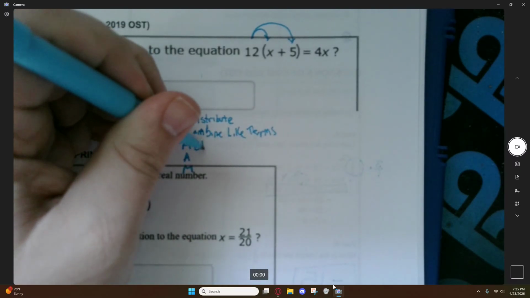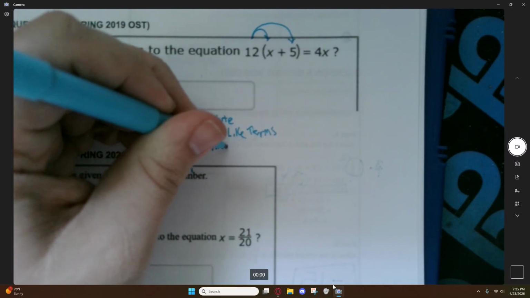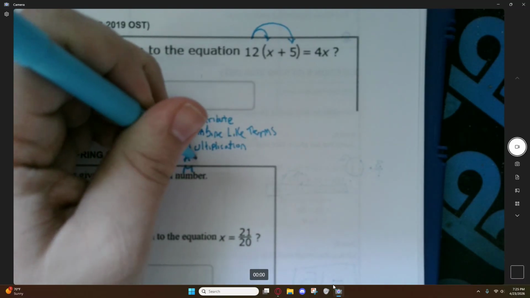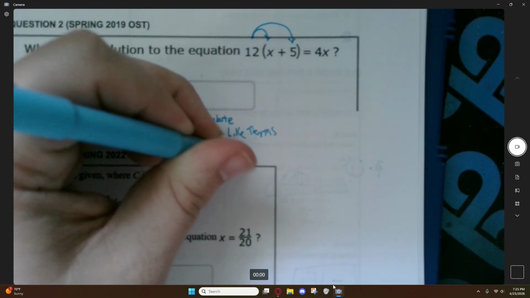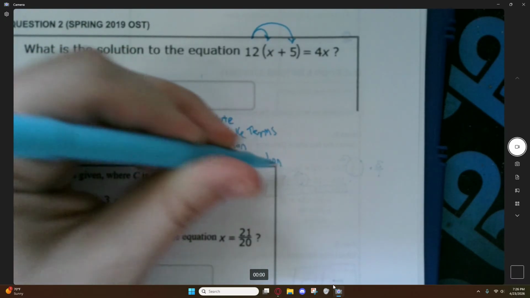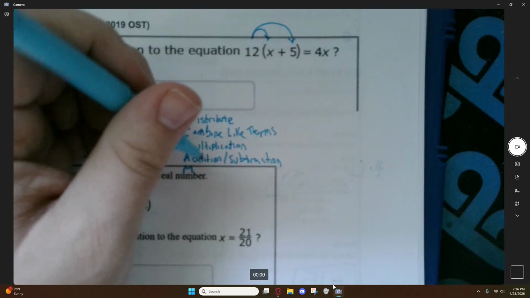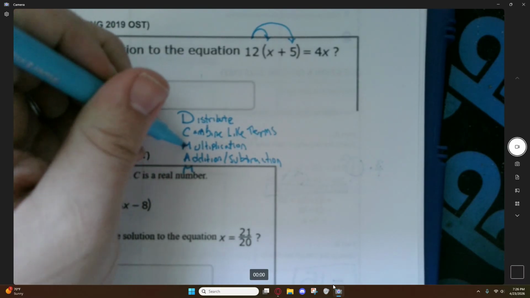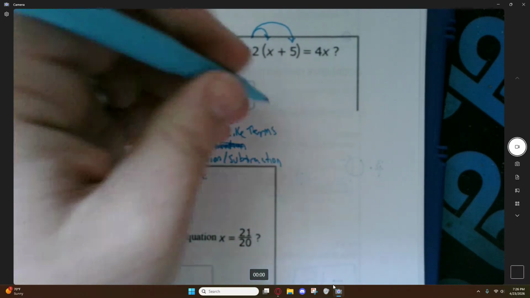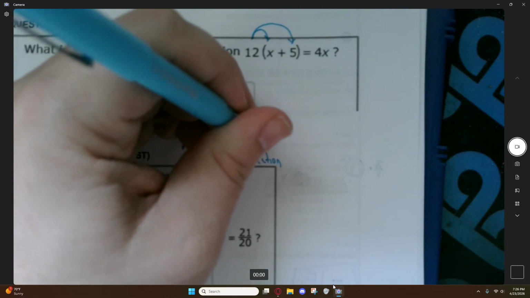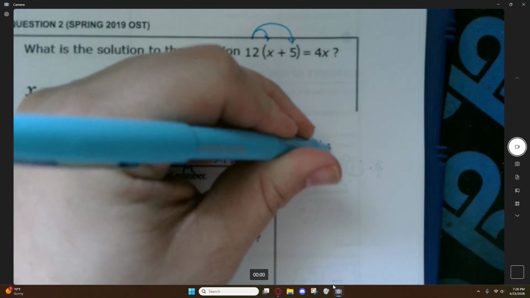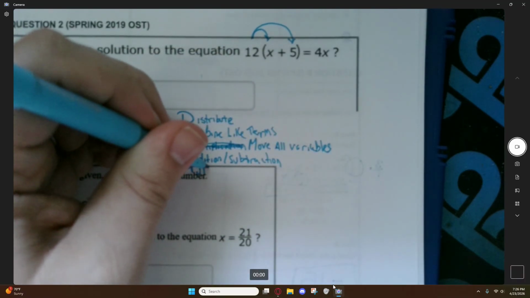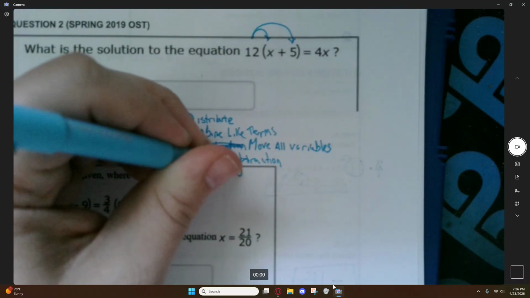Our first M stands for move all variables. A stands for addition and subtraction. Our last M stands for multiplication and division.